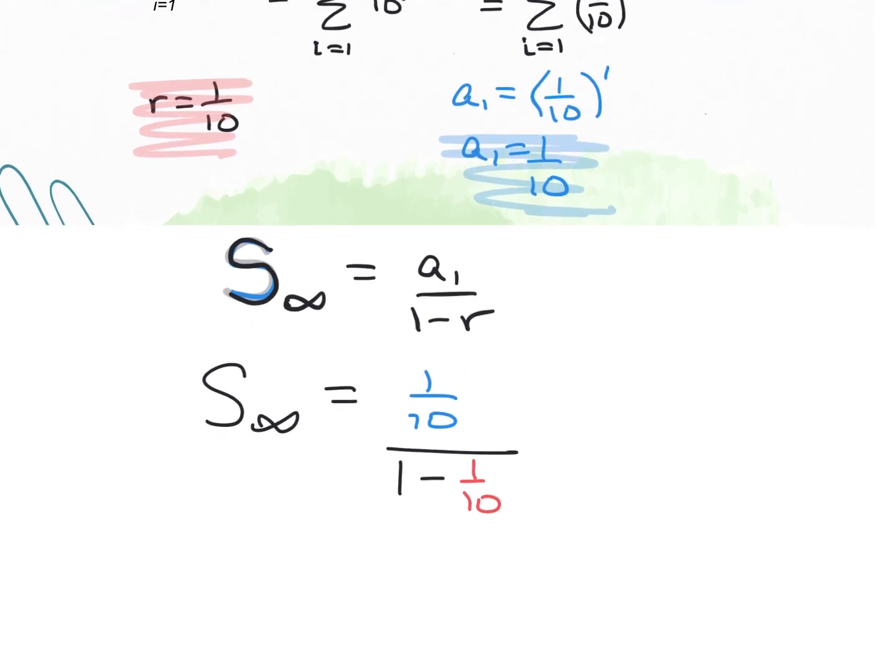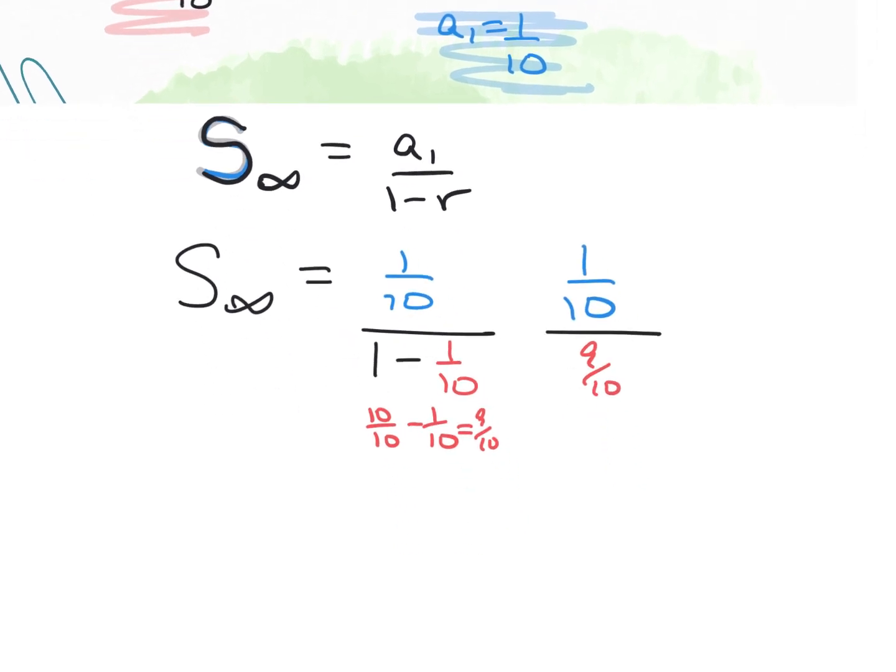So again, I need to subtract here. Let's change this whole number 1 into 10 over 10. So then this is now going to become 1/10 divided by 9/10. And again, I'll do keep flip change. So 1/10 divided by 9 over 10.